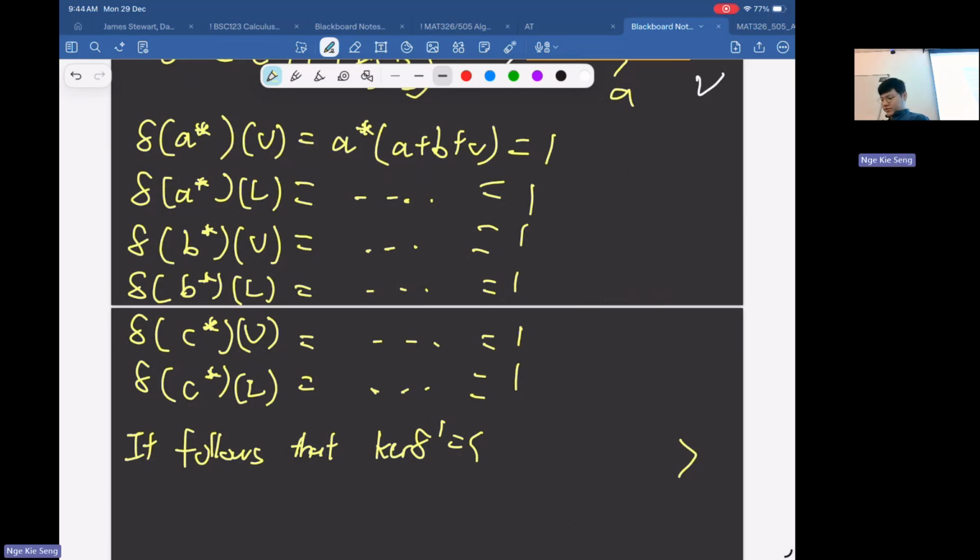What's the matrix you should look at here? I think it's 1, 1, 1. Yes, so you should have two free variables. So you get A star plus B star, or B star plus C star, because 1 plus 1 is 2, and 2 is 0.